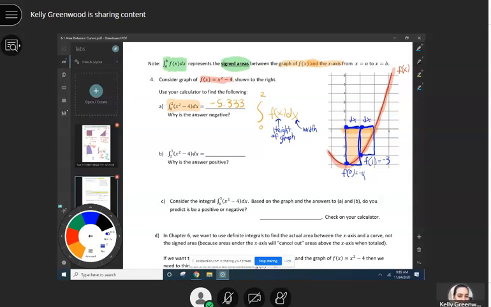So anytime your graph is below the x-axis, we'd be calculating a negative area. So why is the answer negative? Because the graph is below the x-axis.